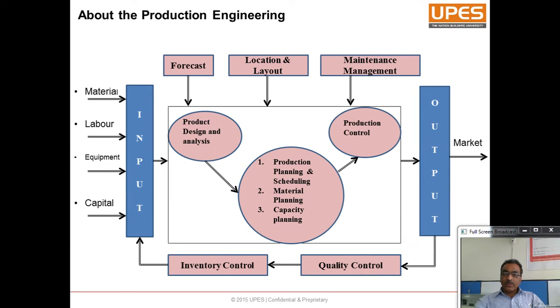So that means raw material becomes your input, finished product becomes your output. Now for the input, what do you require? You require material, you require labor, you require equipment, and you require capital. And once the transformation is done, you have the output, which is a finished product.